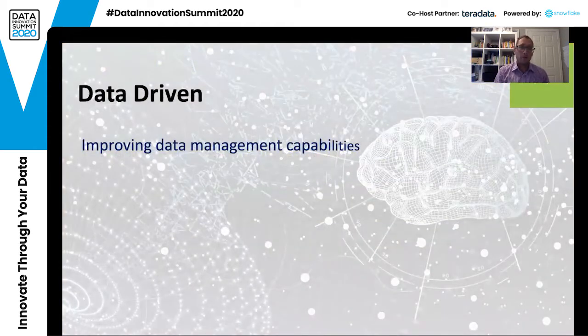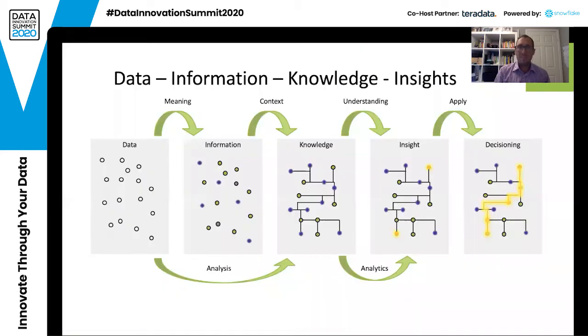So, how do you improve data management capabilities to get strong and really meaningful models for AI and machine learning? Essentially, you need to understand that data and information aren't the same thing. You start with data, which are just data points, and data by itself doesn't give you anything. There's no meaning with it.